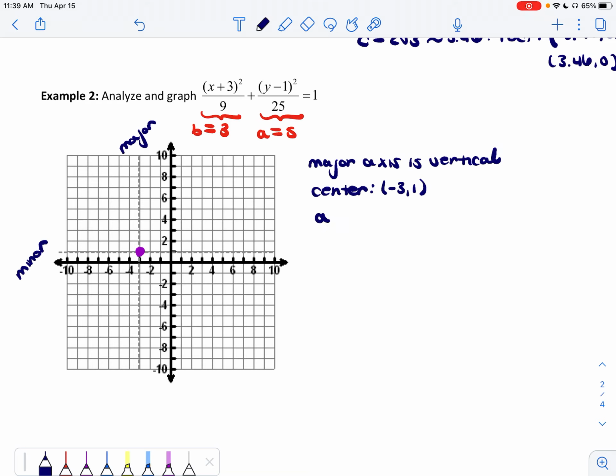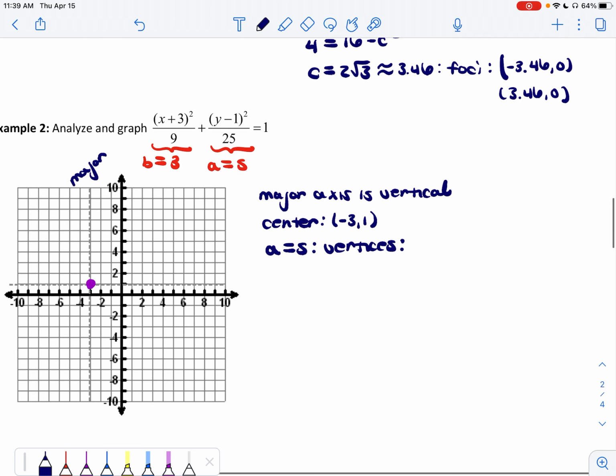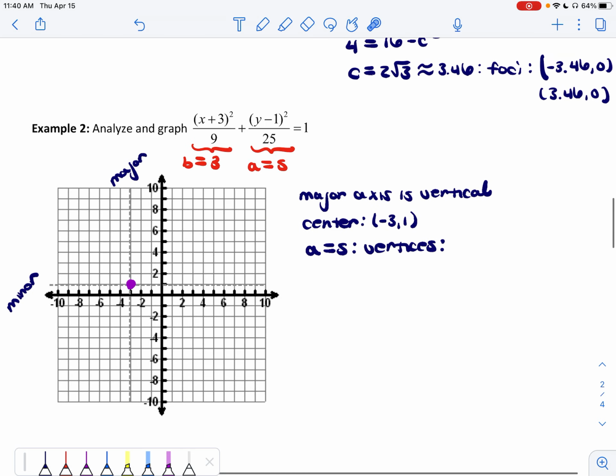So from our A value, we can find the vertices. And those are going to be from the center along the major axis. So from the center, I'm going to go 5 units up and 5 units down.